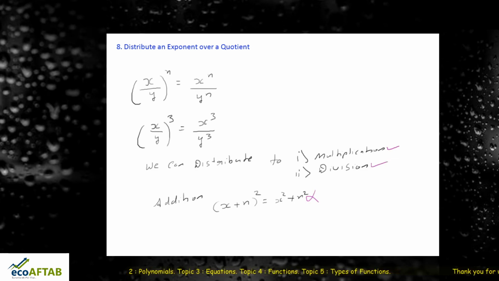Going ahead, there is one more rule, and that is power to 0. What does this rule say? It says x raised to 0, if the exponent is 0, then it will always be 1.